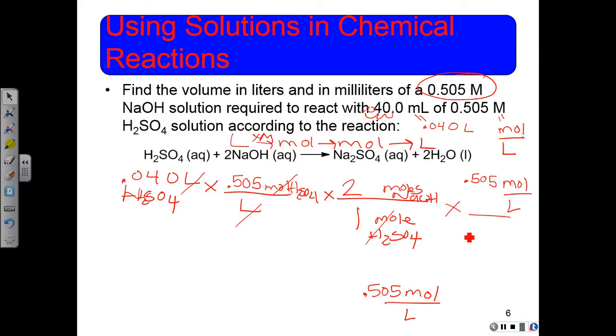So we have 0.505 moles per liter. In this situation, we took molarity times liters equals moles. And here, we're looking for liters. So we took moles divided by the molarity. There's our moles. This is our molarity, moles per liter, and that gave us the liters.